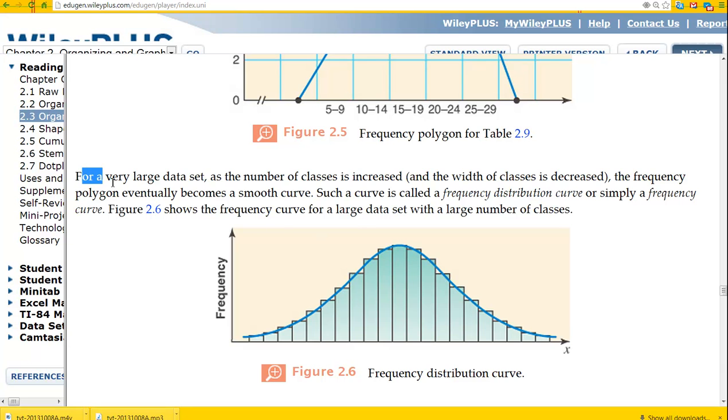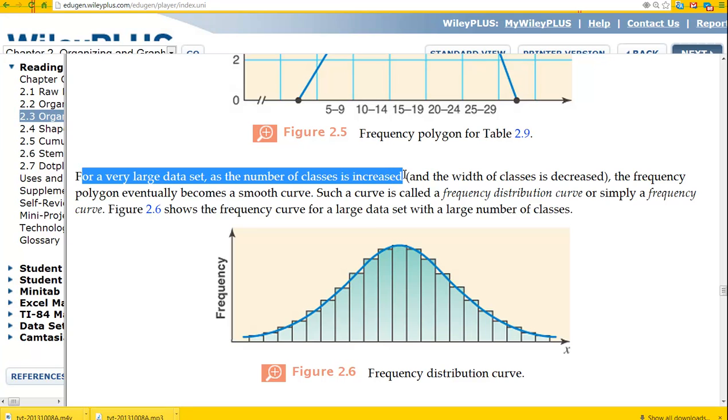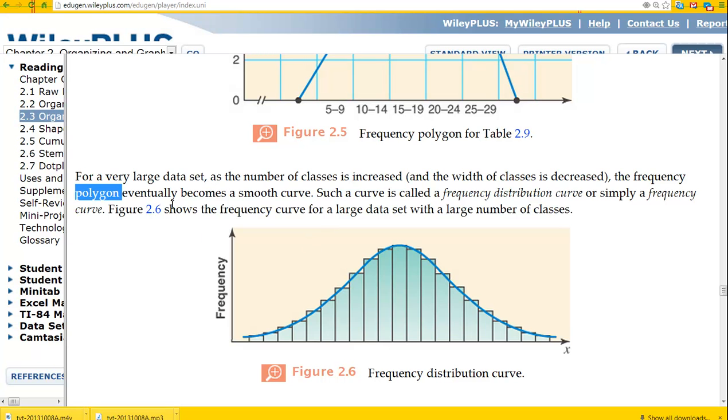For a very large data set, as the number of classes is increased, and then the width of the classes is decreased, the frequency polygon eventually becomes a smooth curve.